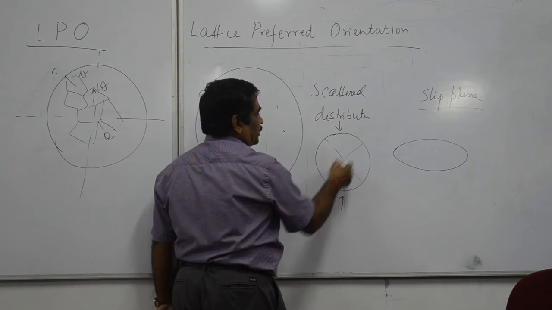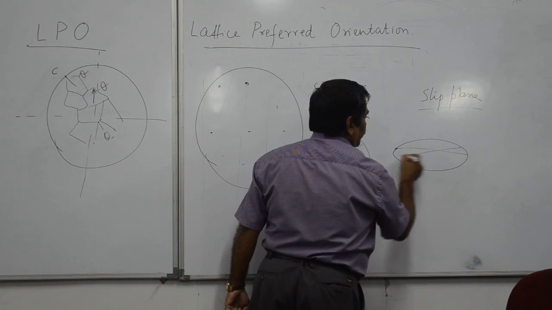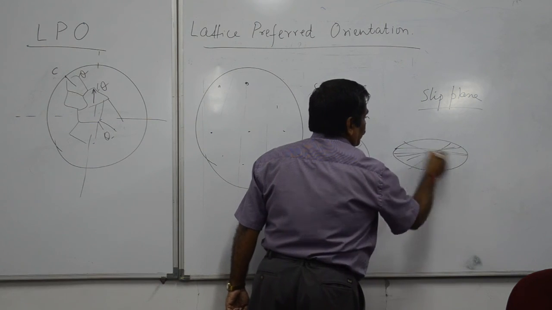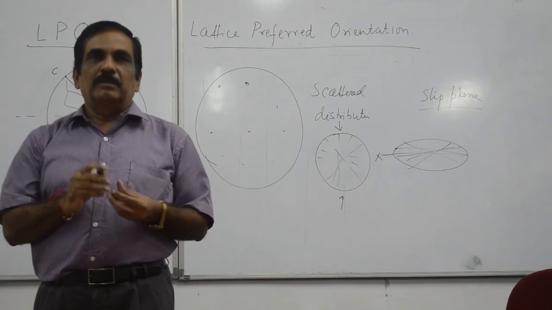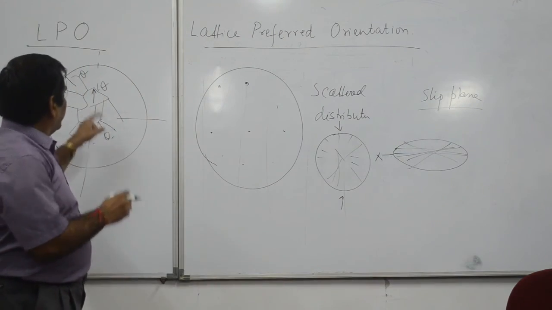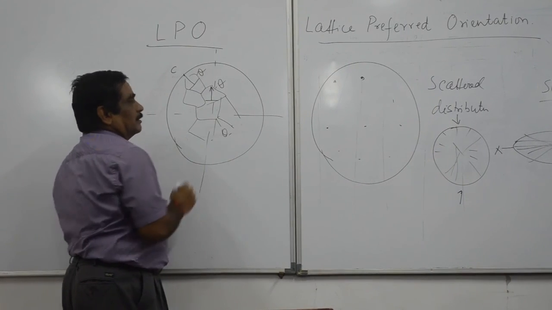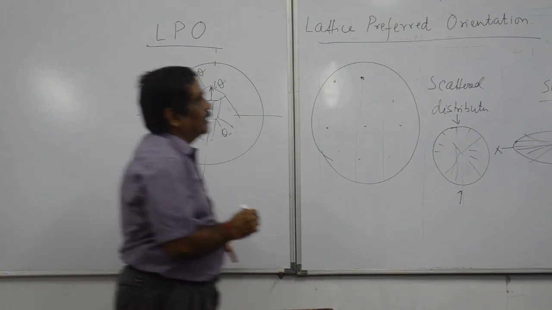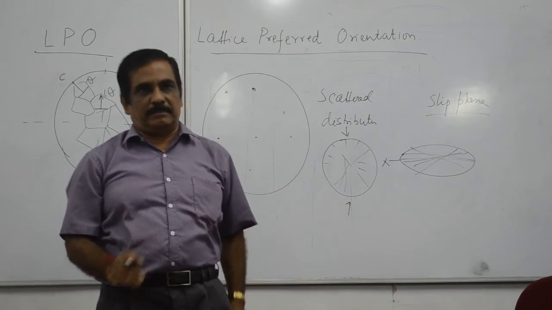So all these lines, whatever orientation they may show, will become aligned parallel to the long axis of the strain ellipse. Understood? So these slip planes, which are at right angle to the optic axis, will all be aligned parallel to one direction.